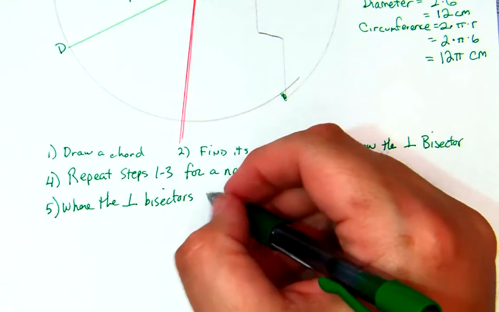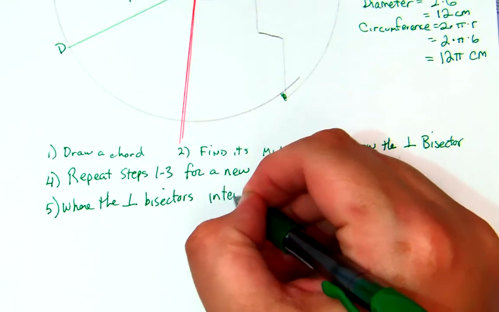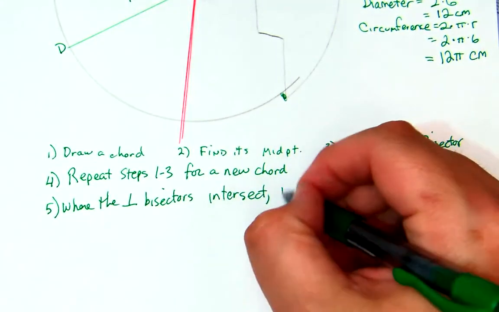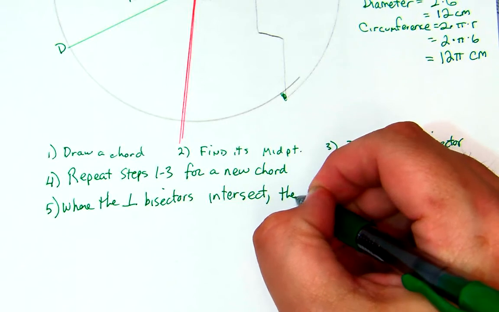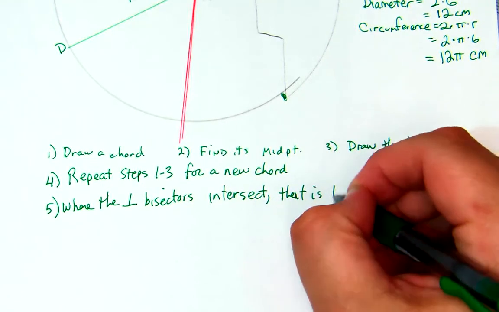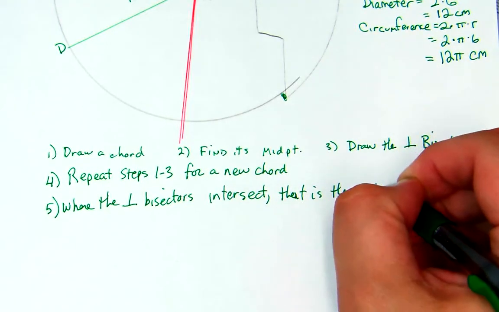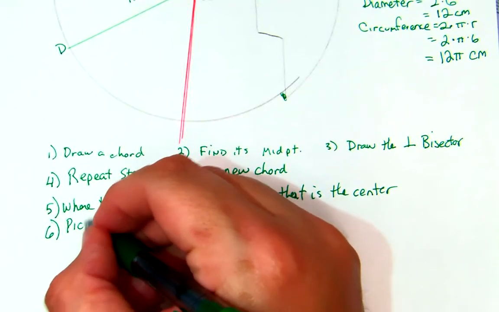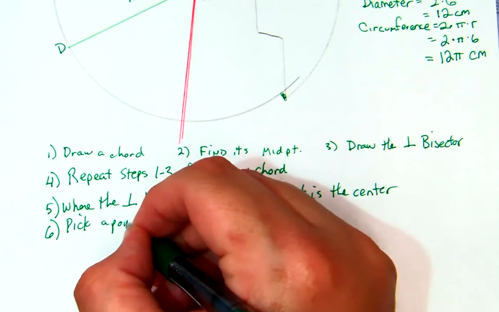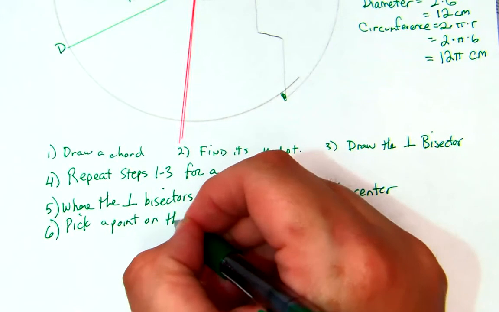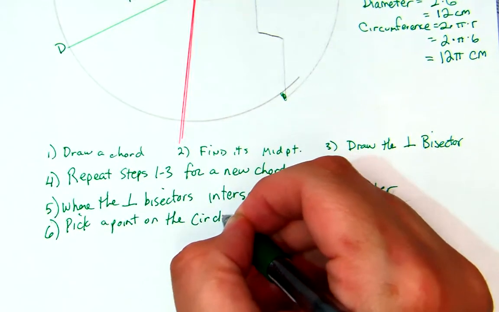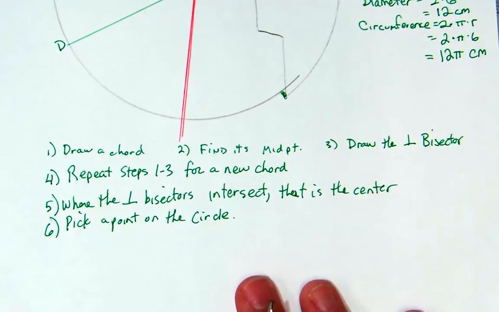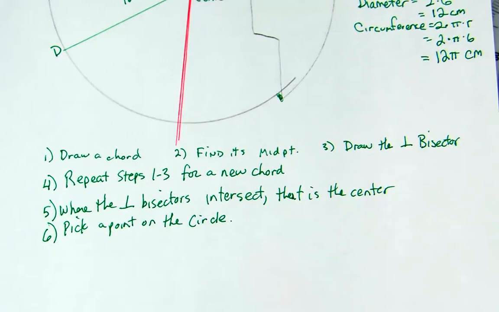Where the perpendicular bisectors intersect, that is the center. Then, pick a point on the circle.